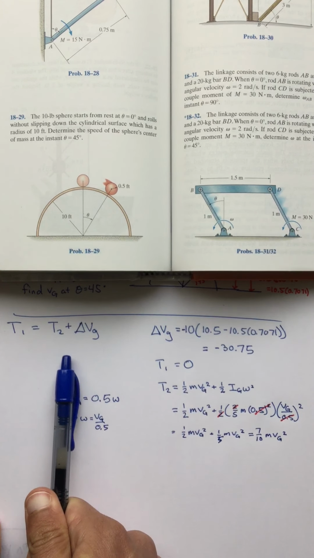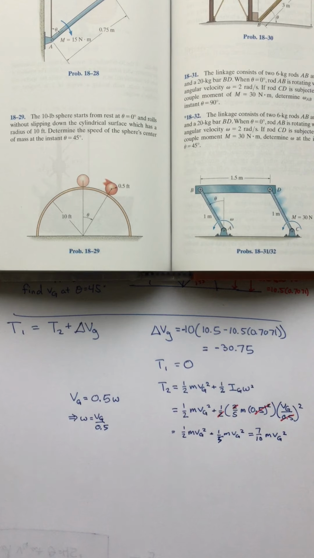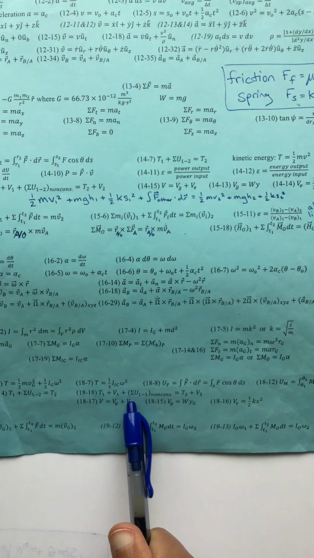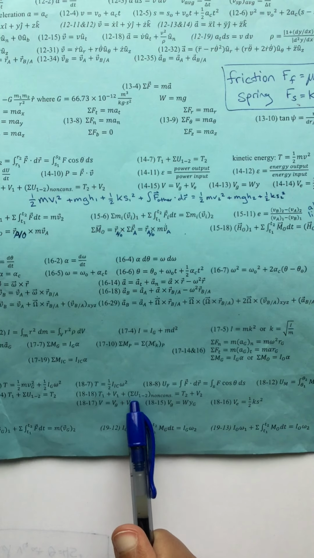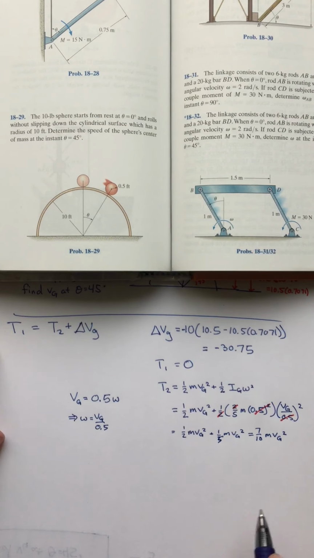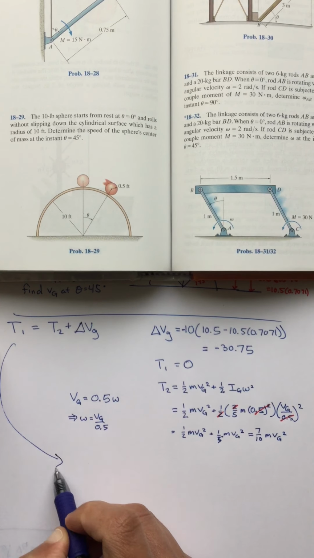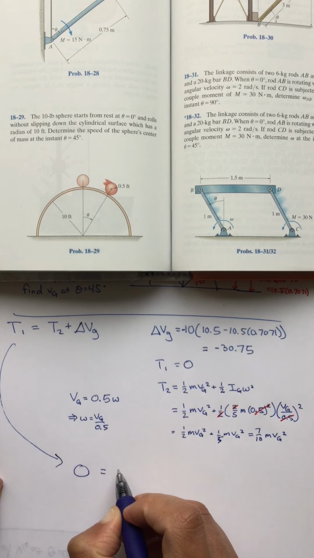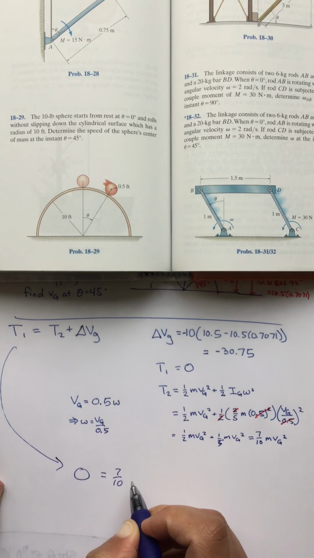And then I can go back to my work-energy conservation law. This is equation 18-18, where the work done by non-conservative forces is 0, then bring the V1 over to the other side. So we can use this equation now and plug things in. T1 is equal to 0. T2 is 7/10 times the mass.